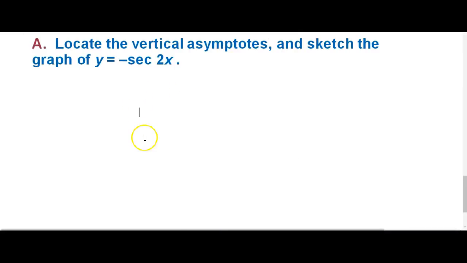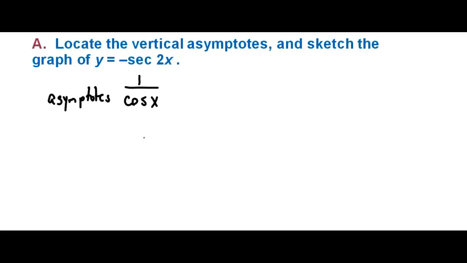So again, the period of that would normally be 2 pi because when we're looking at our asymptotes, 1 over cosine of x, wherever cosine of x is 0, that occurs at points of pi over 2, 3 pi over 2, etc. So we have asymptotes occurring at every odd integer times pi over 2.